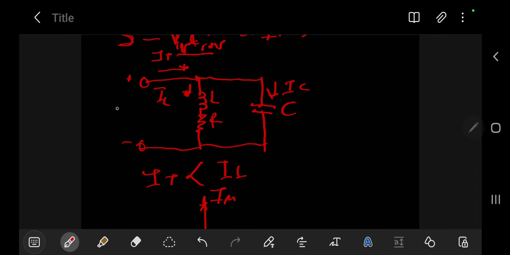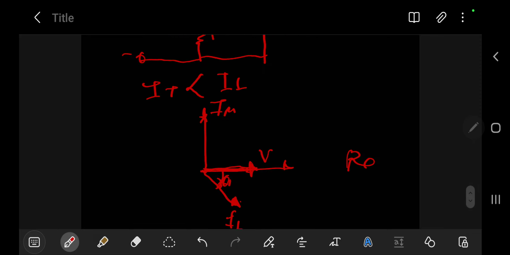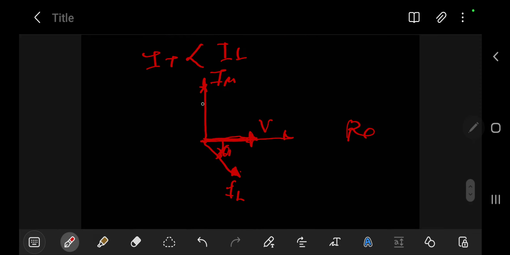But again, we know that if this is the voltage source here, the current of the capacitor is actually ahead of the voltage by a phase of 90 degrees. So maybe the current of the capacitor is just going to be like this.